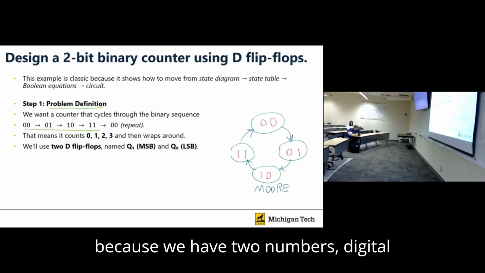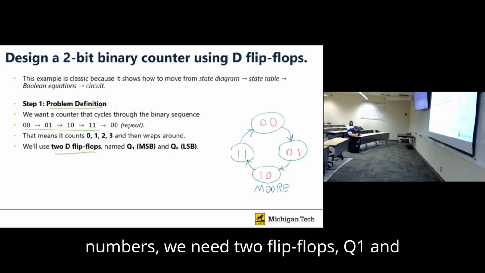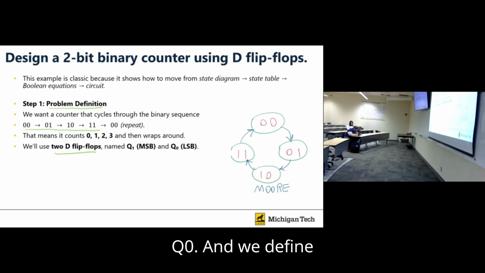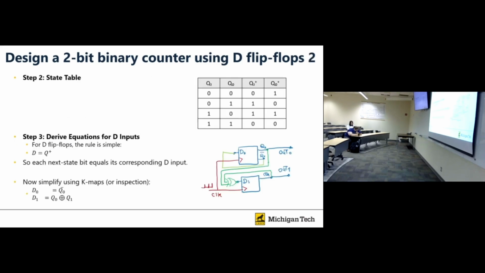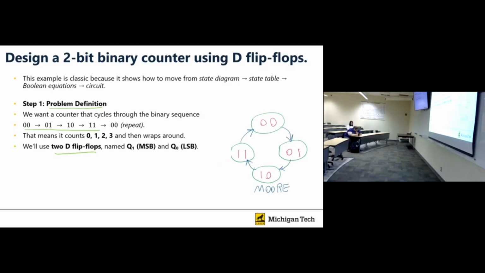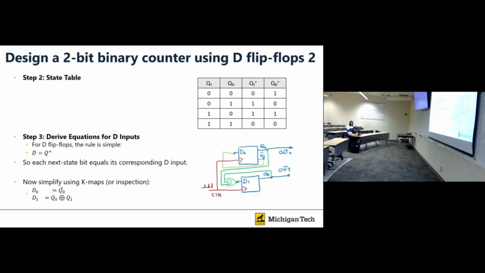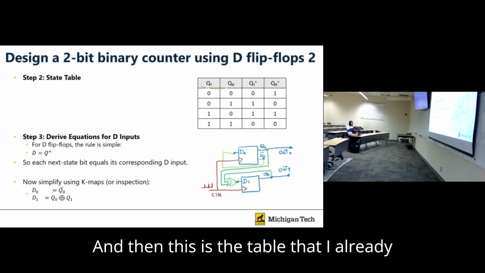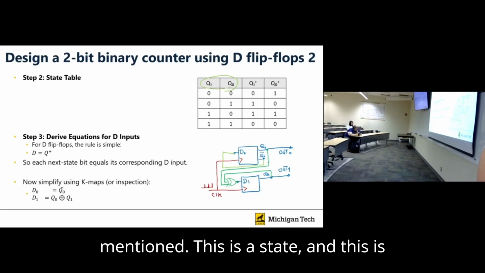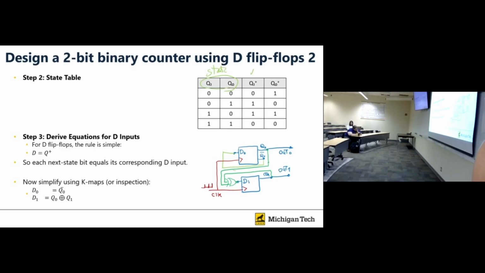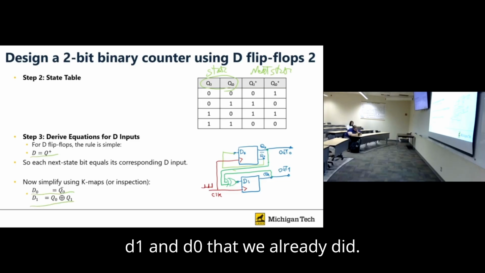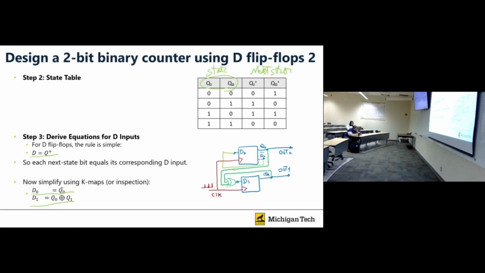Because we have two digital numbers, we need two flip-flops, Q1 and Q0. And we define the state machine with a state diagram. And then this is the table that I already mentioned. This is the state, and this is the next state. And find D1 and D0 that you already did.